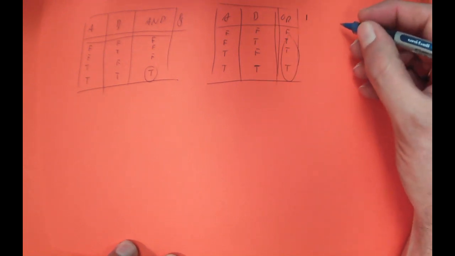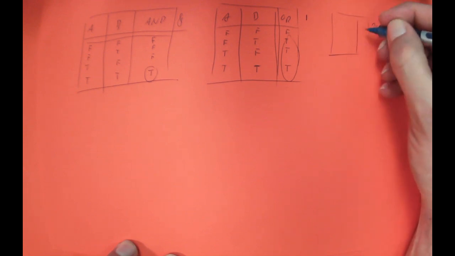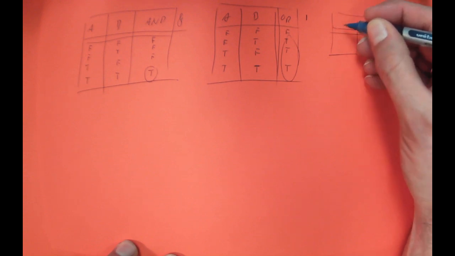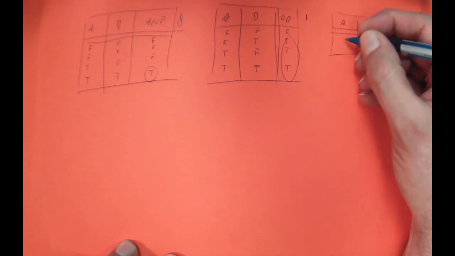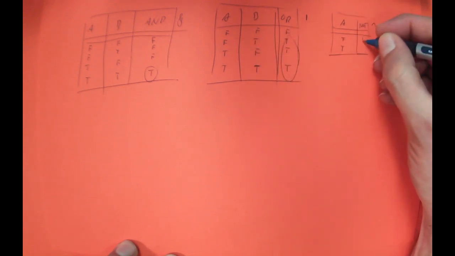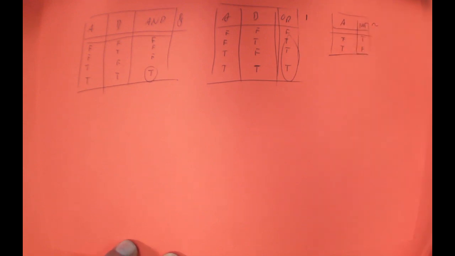And if we have the not, then you just have one input, and the input can be true, or let's say false or true, so that we have the same order. If it is false, then the output is true, and if the input is true, then the output is false.